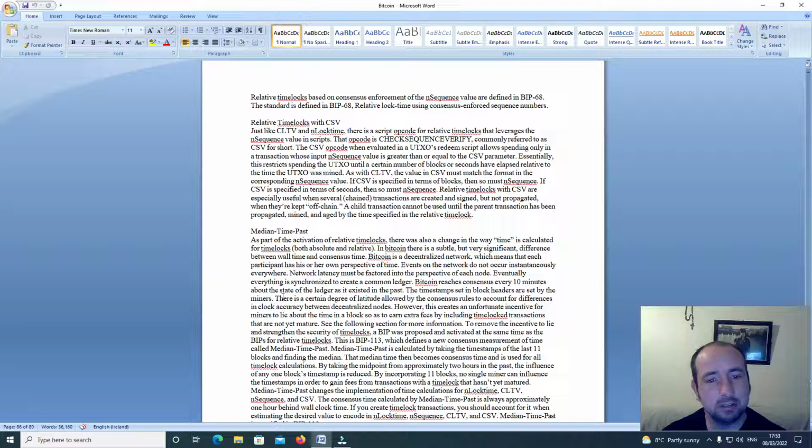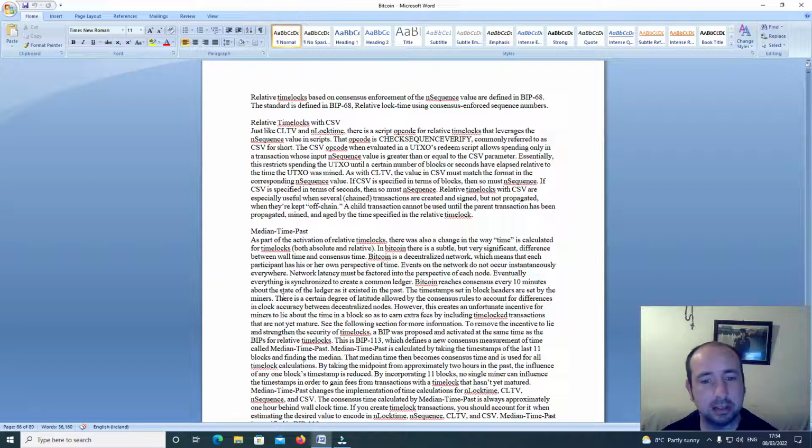The CSV opcode, when evaluated in a UTXO's redeem script, allows spending only in a transaction whose input nSequence value is greater than or equal to the CSV parameter. Essentially, this restricts spending the UTXO until a certain number of blocks or seconds have elapsed relative to the time the UTXO was mined.